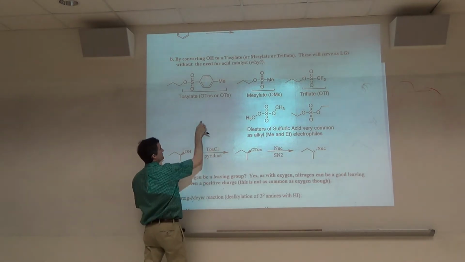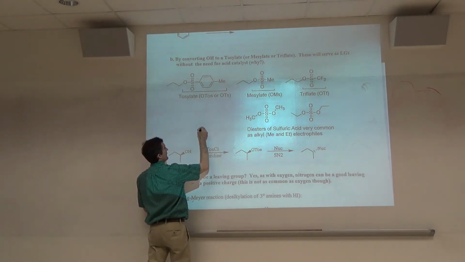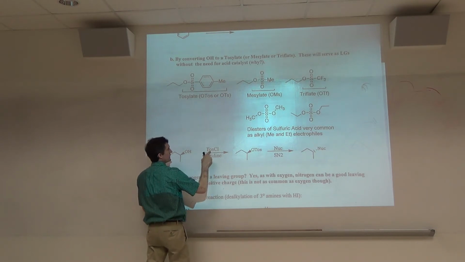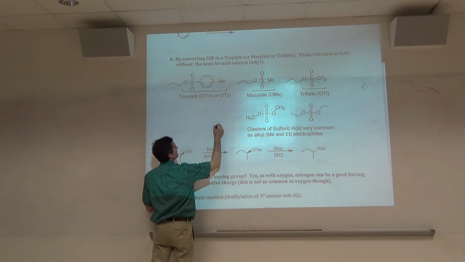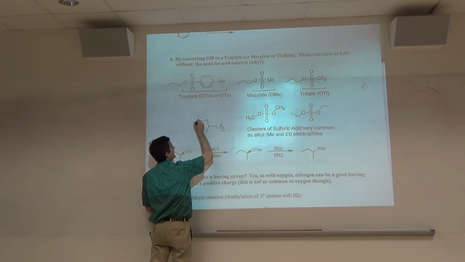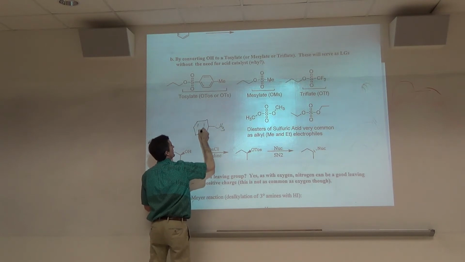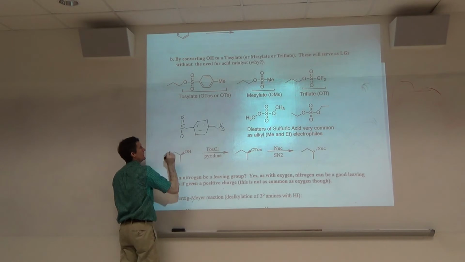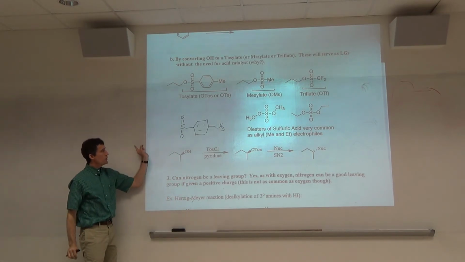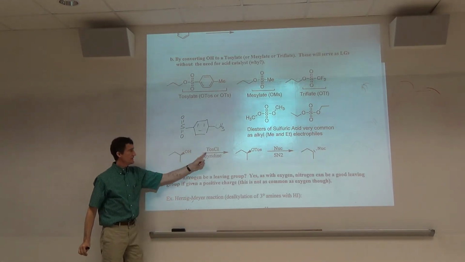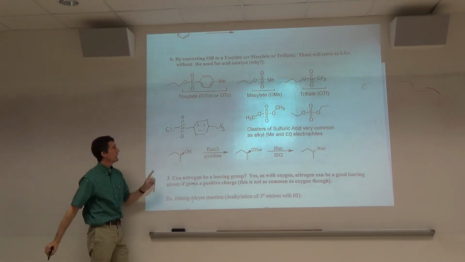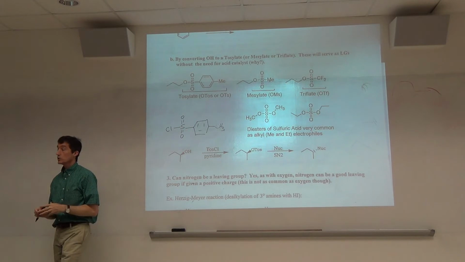Tosyl is really toluene sulfonyl. So it's CH3 and then the sulfonyl. O-Tos would be an oxygen here. This is Cl-Tos. So here we have a chlorine. And that's known as tosyl chloride.